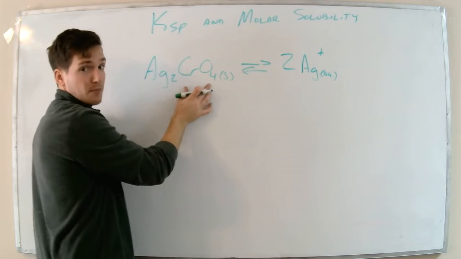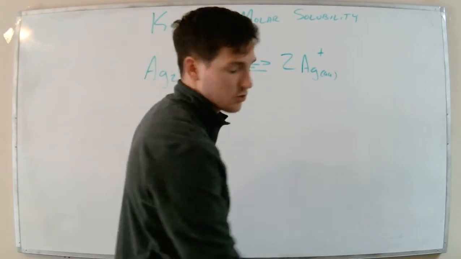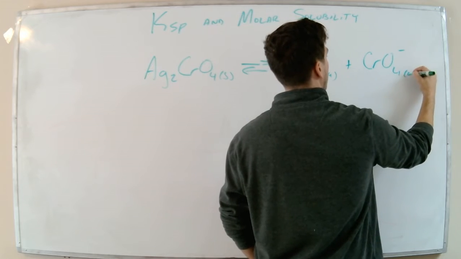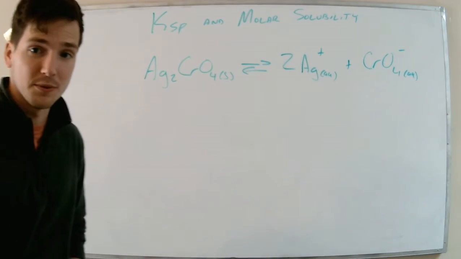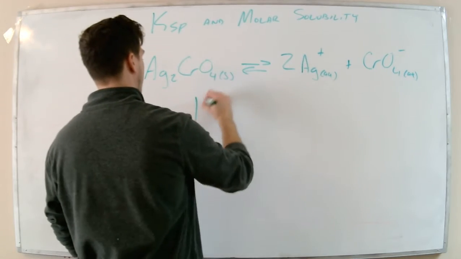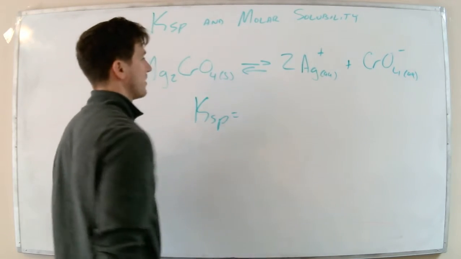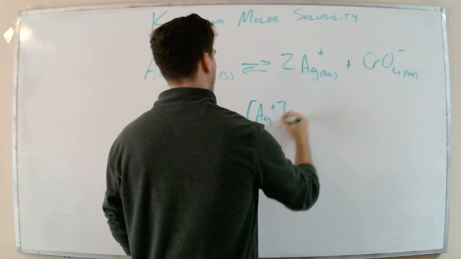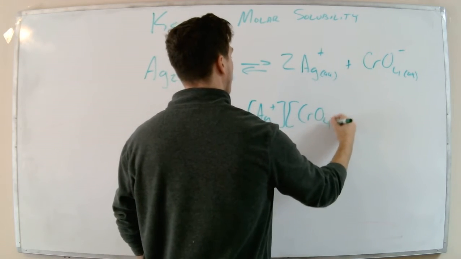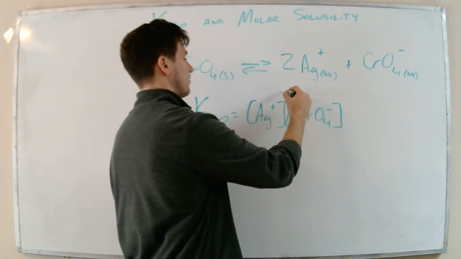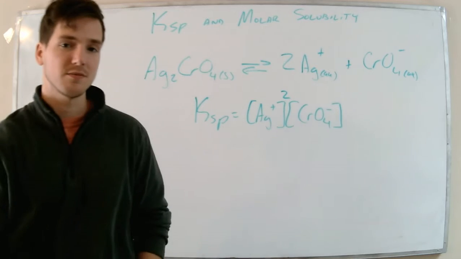And this guy should be familiar, it is our chromate. It's going to dissociate into CrO4 2- (aq). Now we're going to write our Ksp equation for this. Ag+ and CrO4 2-. Don't forget that square because there's a 2 right there.